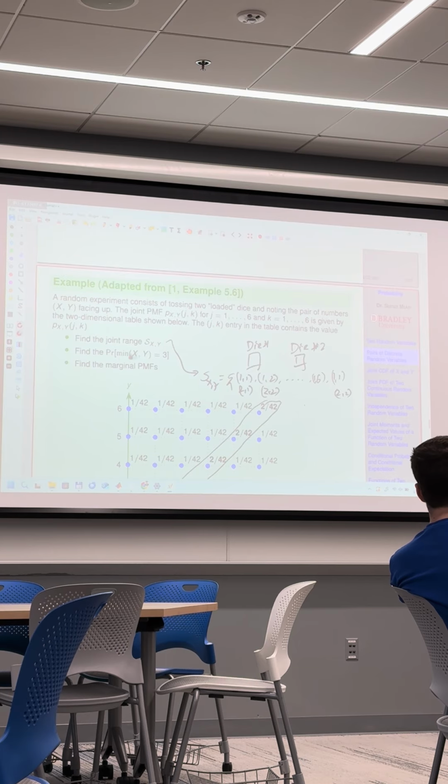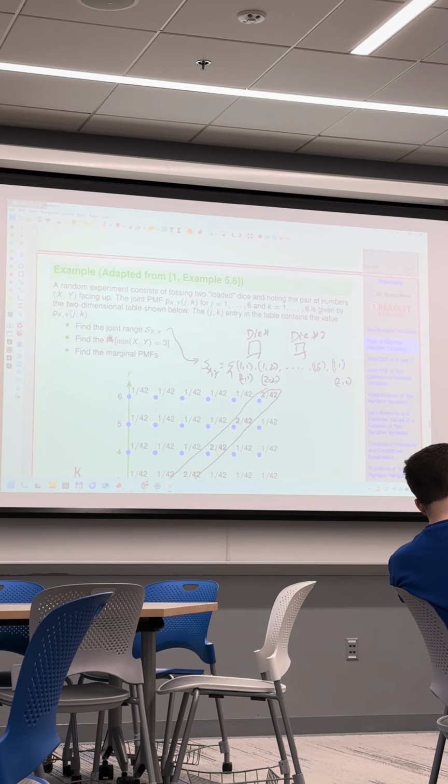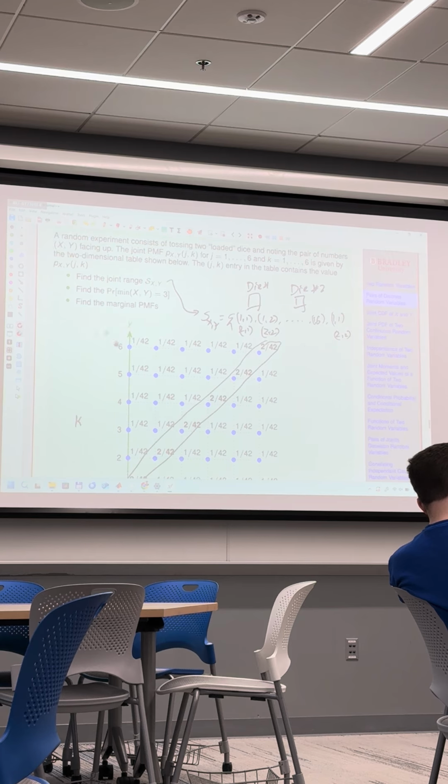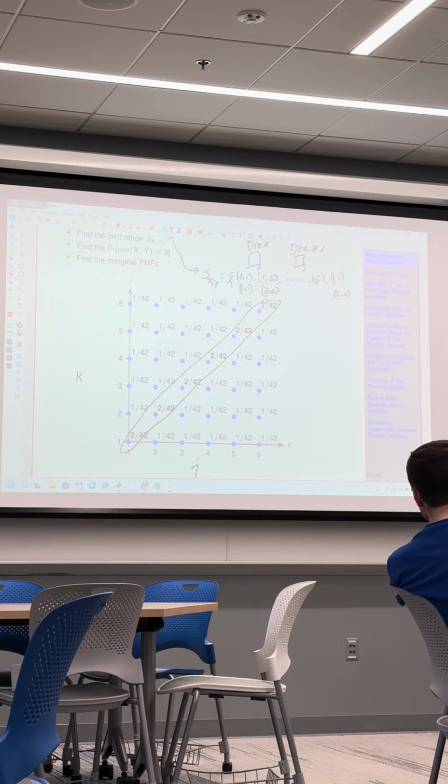Find the probability that the minimum of X and Y, which means the minimum of the number of dots for the first die and the number of dots for the second die, is going to be 3. How do we find this probability? Look, the minimum of the number of dots for the first die and second die is going to be 3.